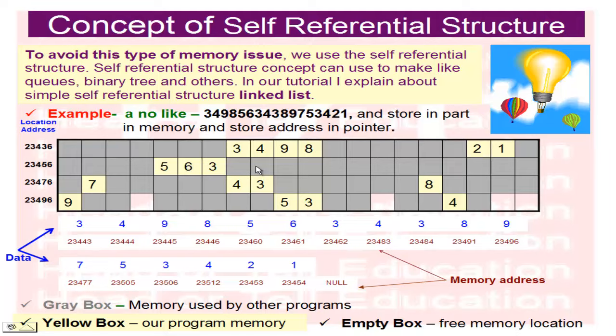But our programs have fully used this memory and we have no memory for this. Now this time we have available memory but in split mode, so we can store the number.